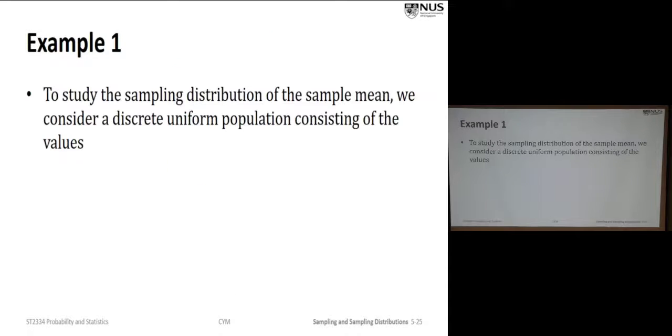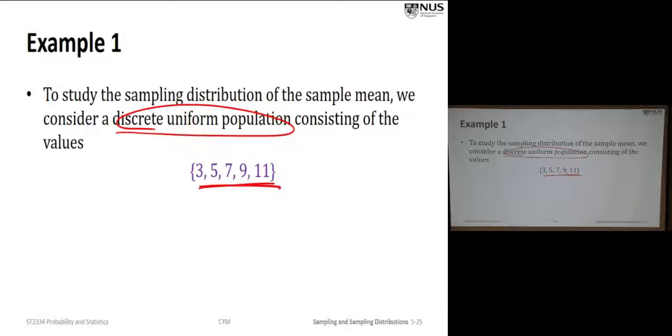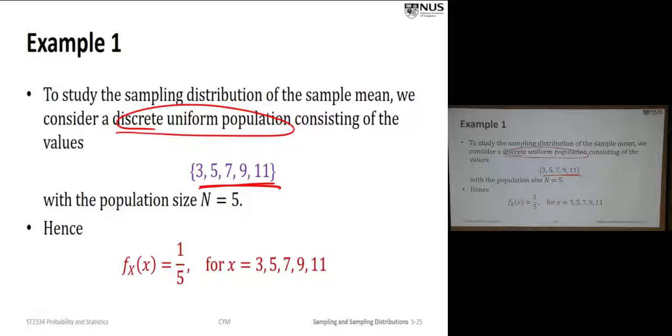All right. So here is an example. We consider a discrete uniform population. So that means this population is represented by, okay, this is the population: 3, 5, 7, 9, 11. All right, so the population size is 5. And each one has equal probability of being selected.